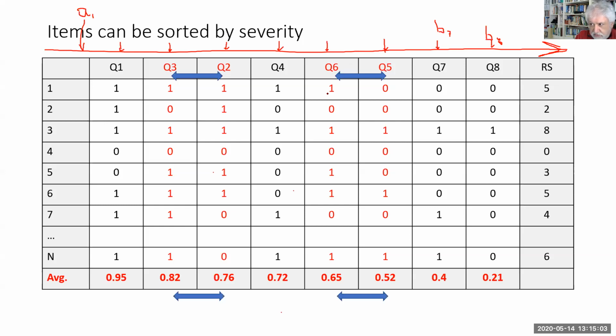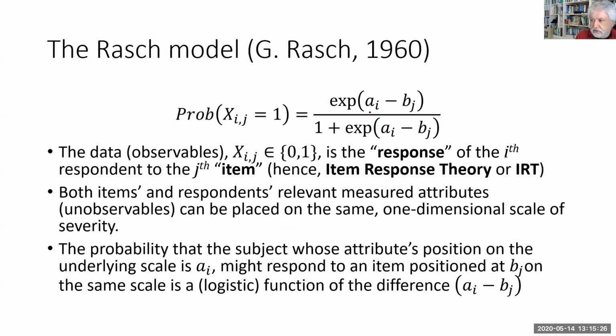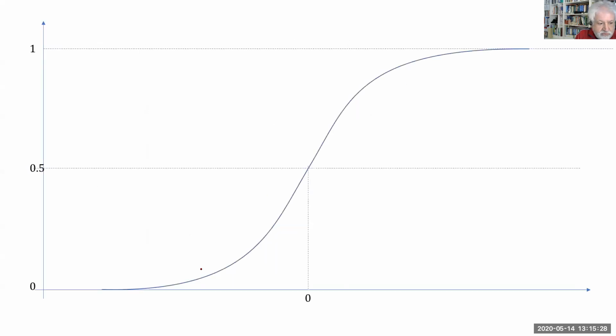The model would predict that if there is this distance from B6 to A1, this large negative distance, the model would predict a number that is very close to 0.